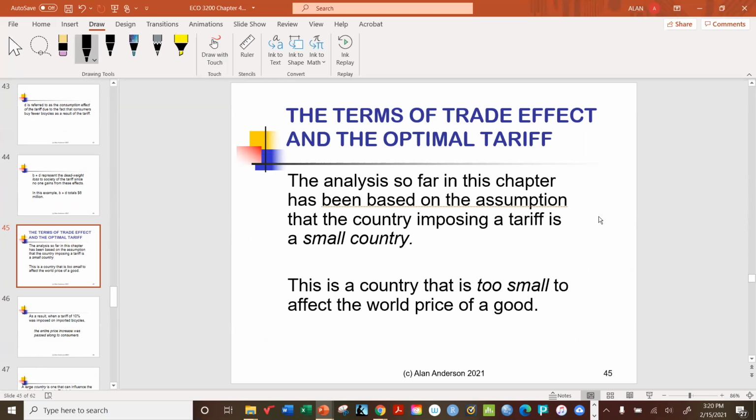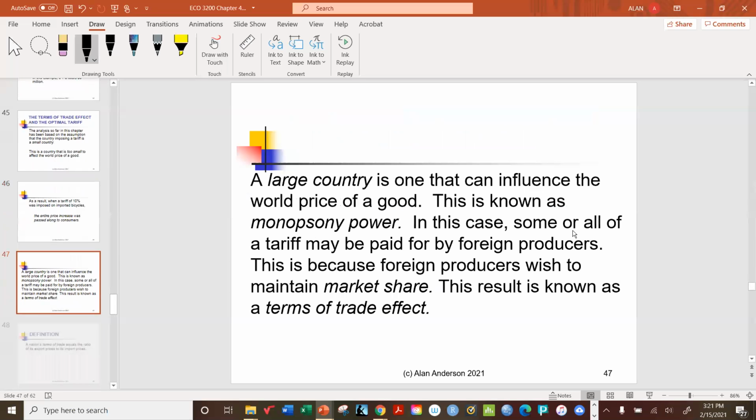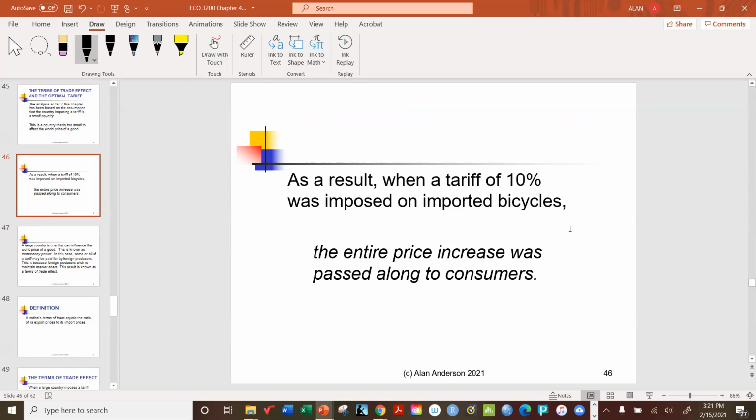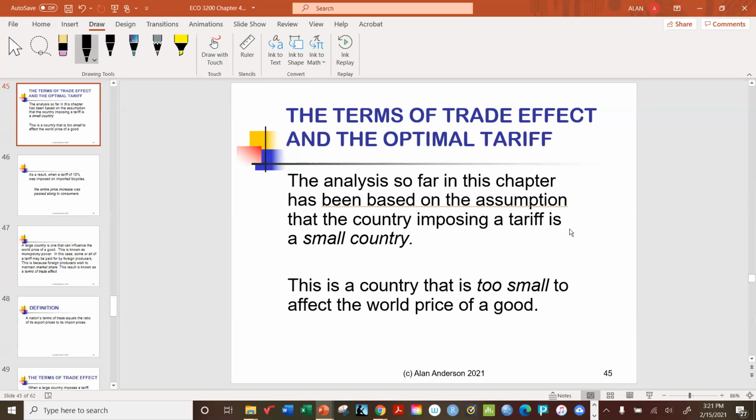And what that means then is that the price that we charge does not affect the rest of the world. Basically, we'll charge the same price as everybody else. If we're a large country, though, that's going to change. So we do need to have a separate type of analysis when we have a large country versus a small country.